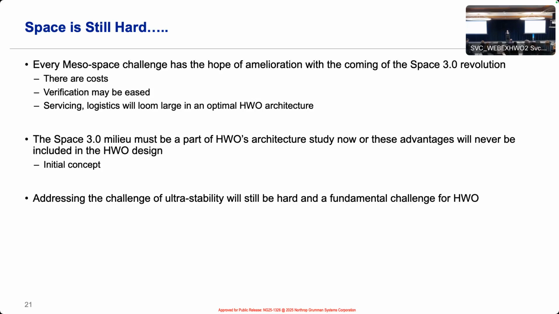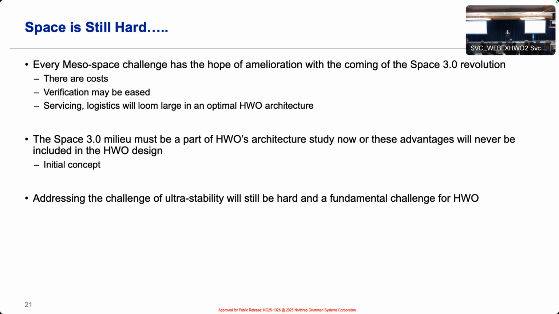Sorry, one quick question. When you think about Space 3.0 and you think about our process with the decadal, how do you see that working together? That's a good one. All right, I'm just going to answer standing here since everybody's expecting an answer. This is as much a cultural as an engineering change.